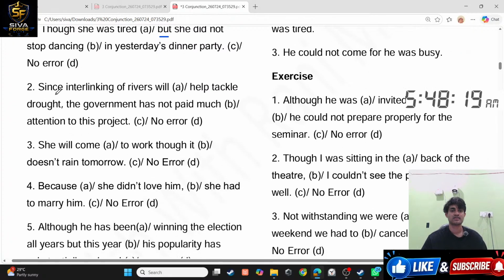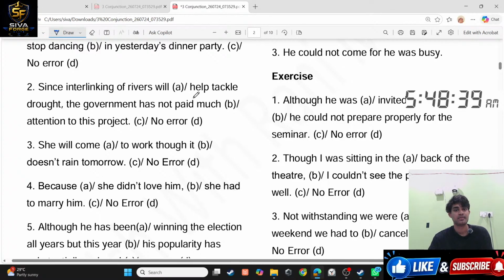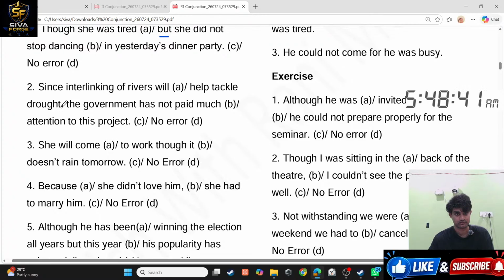Since interlinking of rivers will help tackle drought, the government has not paid much attention to this project. Interlinking of rivers, this is my subject.